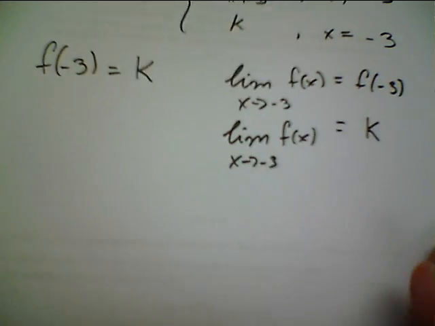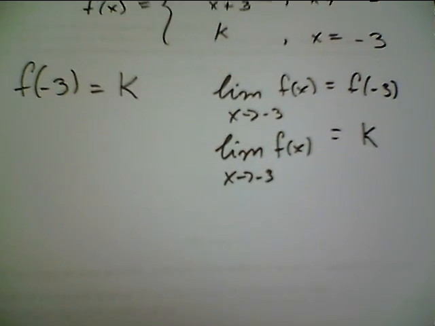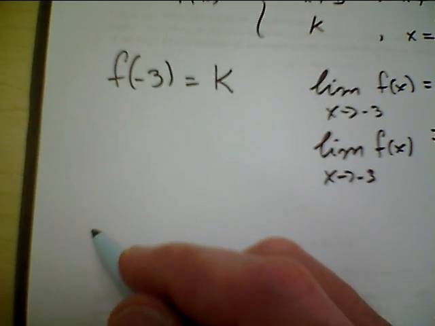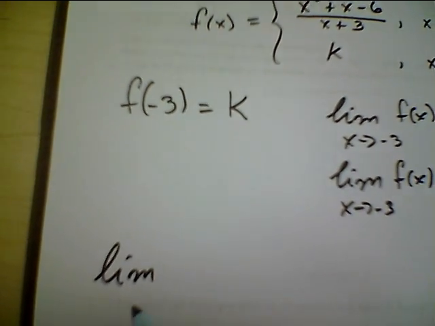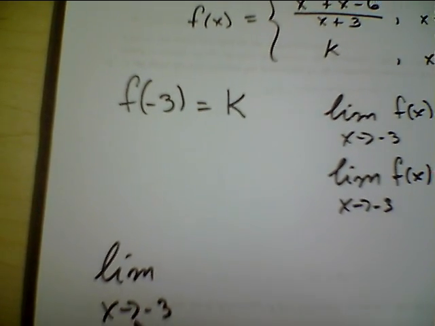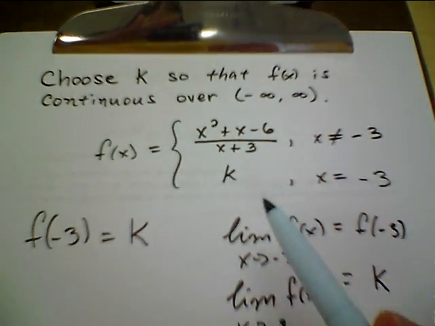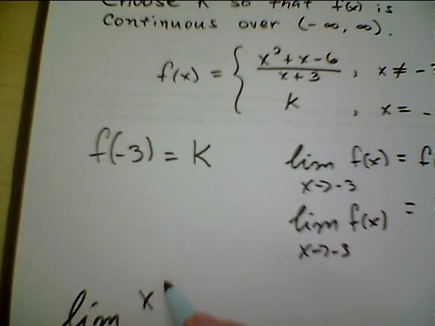So we don't have much of a choice here when we're considering the limit. So we're just going to compute the limit as x approaches minus 3 from both sides, because that's this piece. So I will write that down.